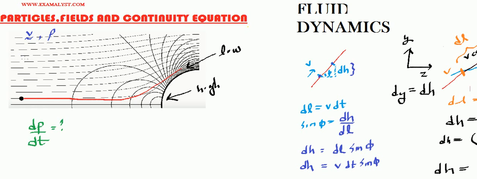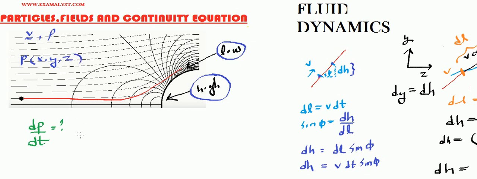Here we have one more field, which is the pressure. Pressures are different at different places, somewhere low, somewhere high. So I can represent pressure as a field variable that depends on space coordinates x, y, and z.